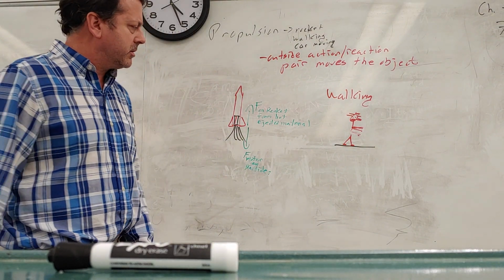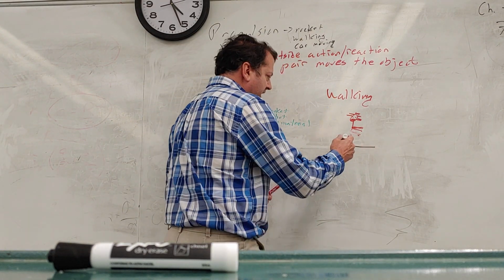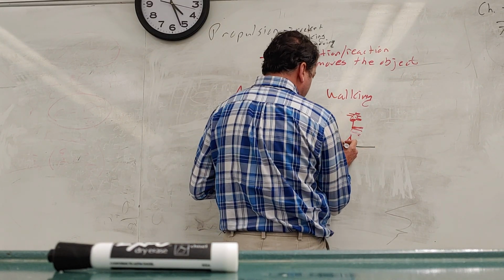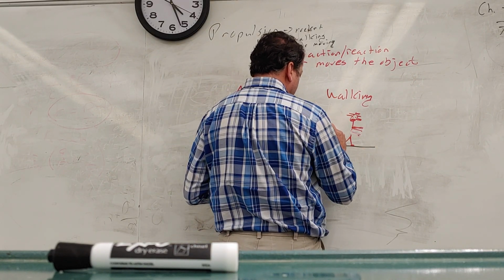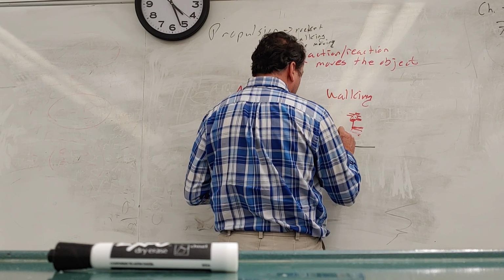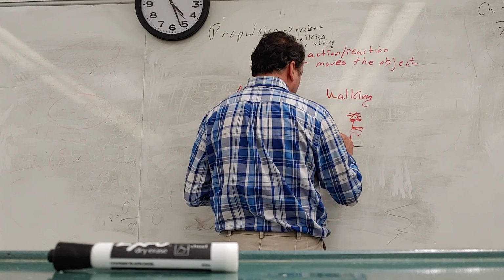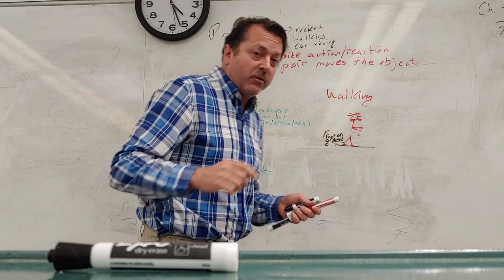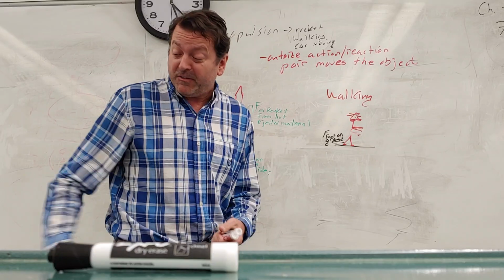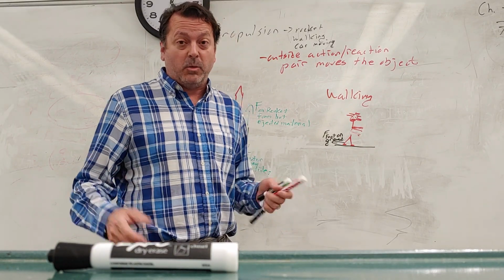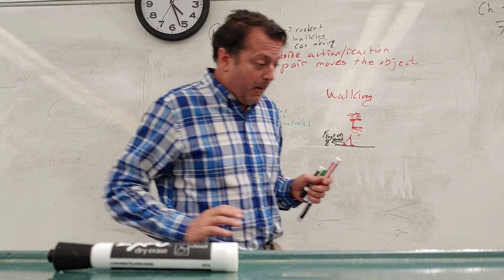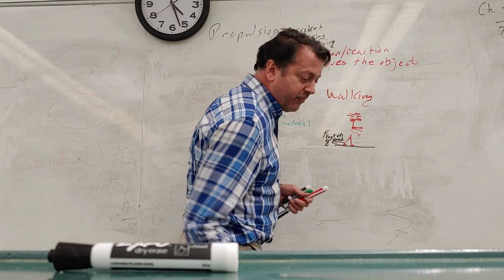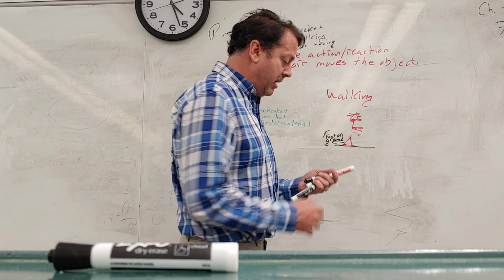As the zombie walks, his feet push back. This is the direction of the force of the foot on the ground, back this way. The ground itself, if it doesn't get out of the way, pushes you forward. It's an action-reaction pair at that interface of your shoes and the ground.